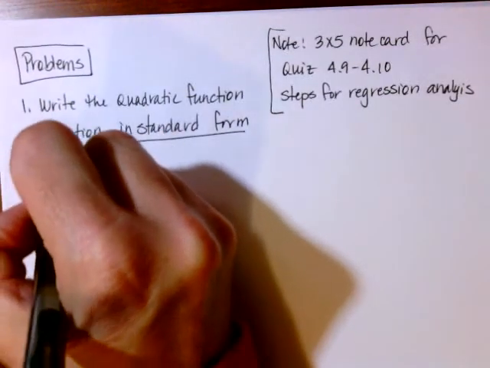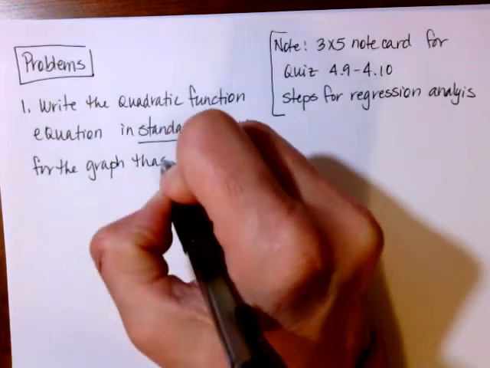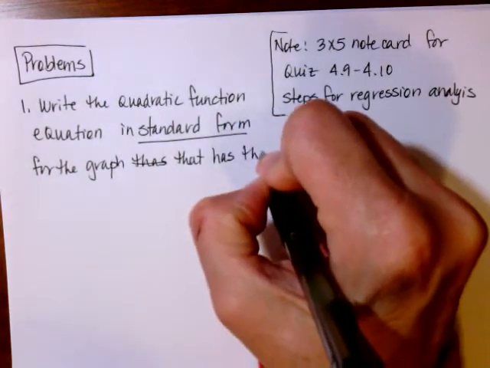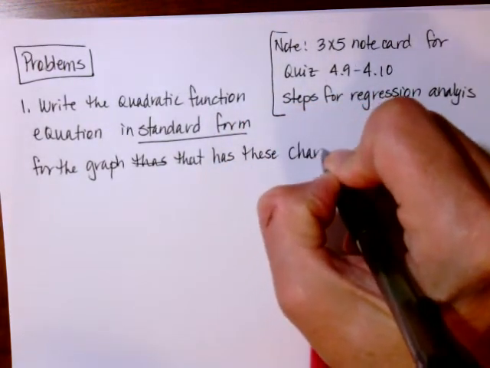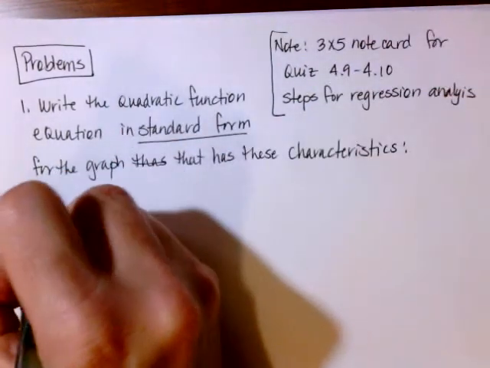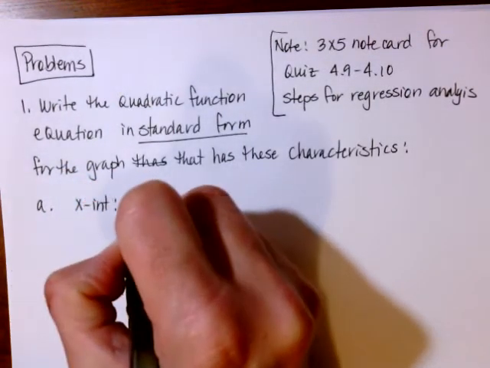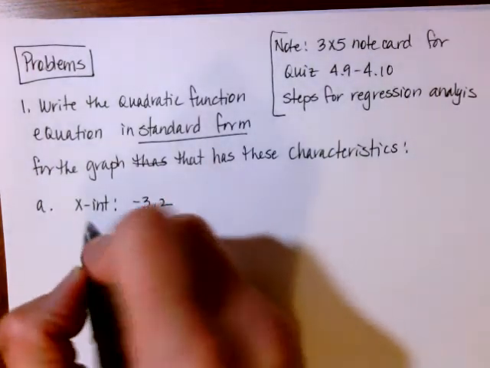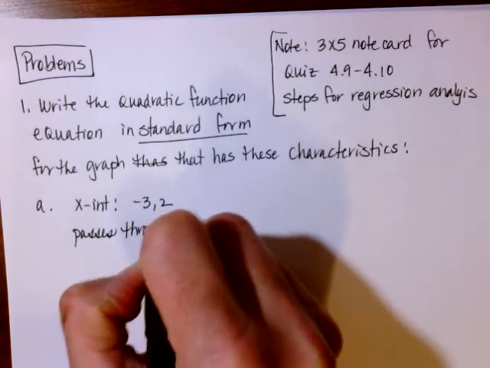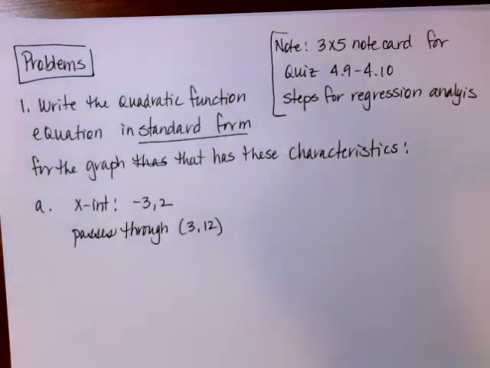For the graph that has these characteristics. All right, so your first one is your x-intercepts are going to be at -3 and 2, and it's going to pass through the point 3, 12. So that's your first problem.